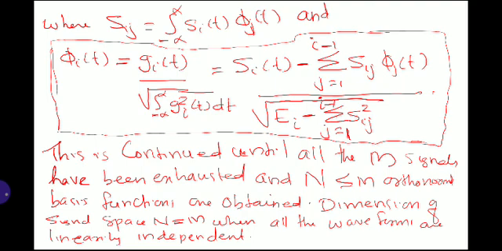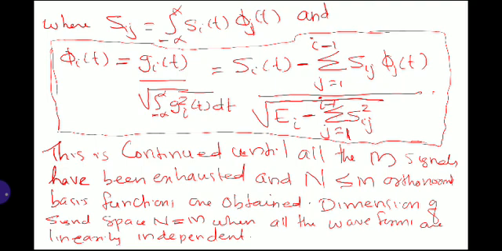Sometimes some of the signals, or even all the m signals, may not be linearly independent. Some signal may be a linear combination of some other signal. In that case we will get only capital N less than m orthonormal basis functions. Maximum we will get m basis functions.